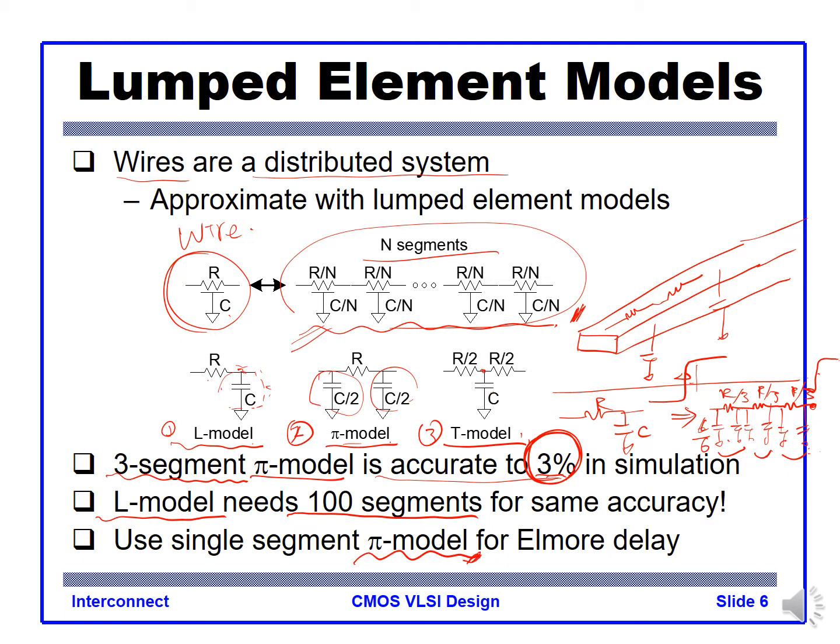The pi model is quite widely used for calculating the Elmore delay. You know how to calculate the delay from X to Y using the Elmore delay. We have learned that before, right? So we can pretty accurately estimate the delay out of the line resistance and capacitance.